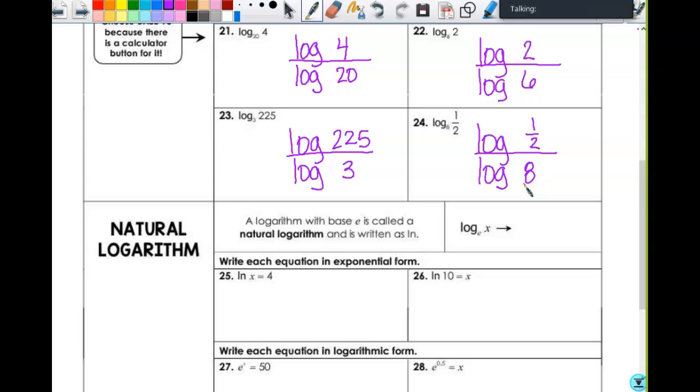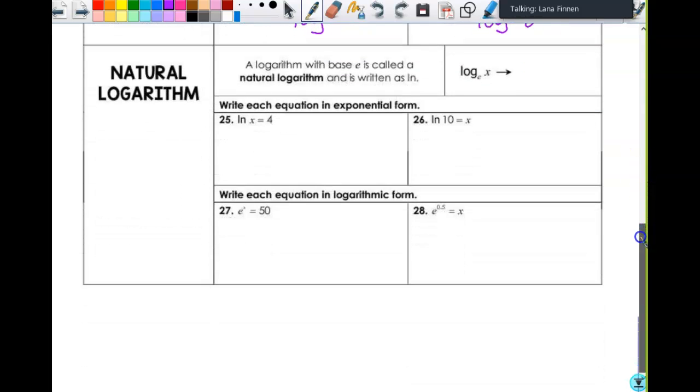Okay. So we have talked about all of those with just your basic logs, but we need to talk about natural logs. Because remember, we had e that we were graphing with the other day. So a logarithm with base e is called a natural logarithm, because it was a natural base for the exponential. So this log base e of x, this will probably be the last time you'll ever see it written that way, and we don't write it that way.